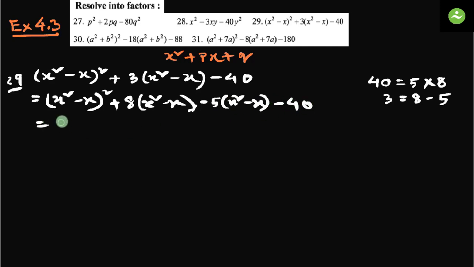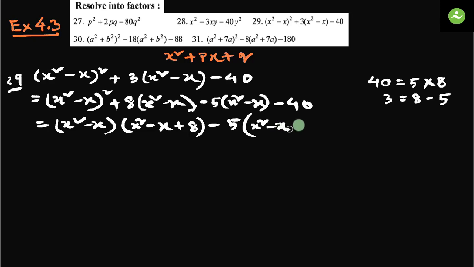If we take x square minus x common, we get x square minus x plus 8, and minus 5 common, what we have inside, x square minus x plus 8.